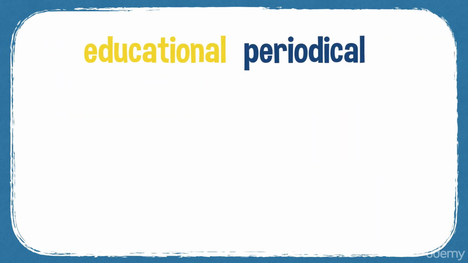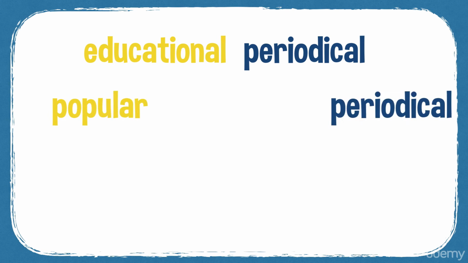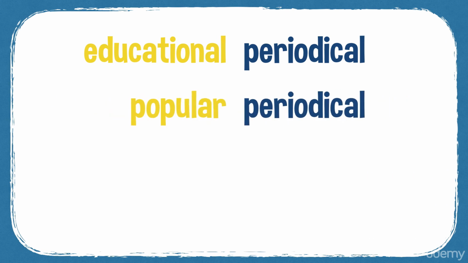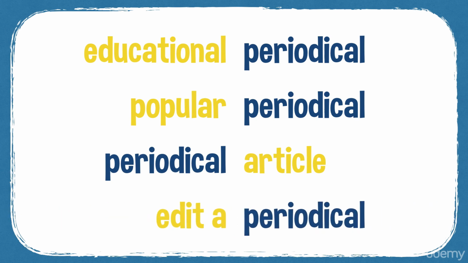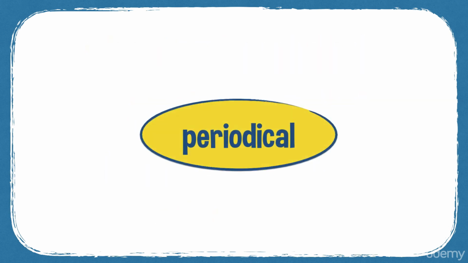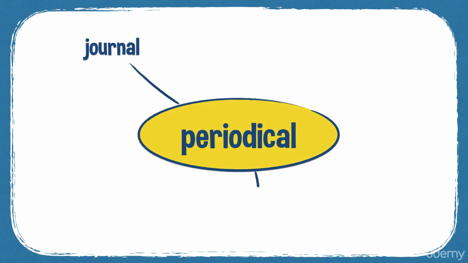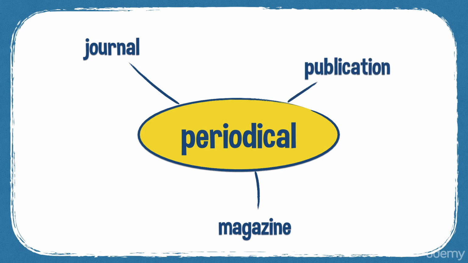So you can have an educational periodical, popular periodical, a periodical article, and you can edit a periodical as well. And some synonyms: journal, magazine, and publication.